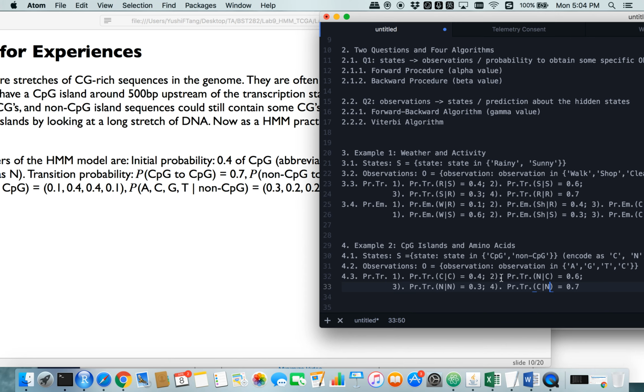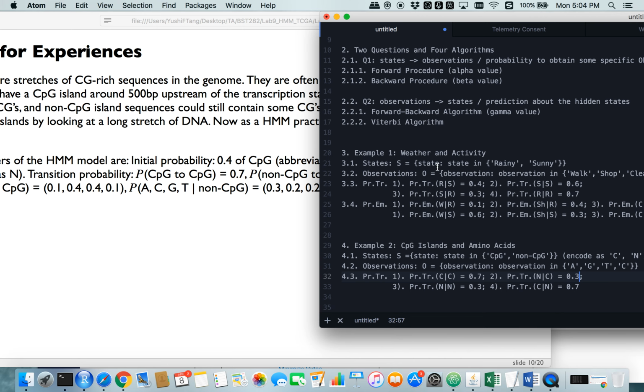Based on this number, we can calculate that given the previous loci is a CPG island, the chance that the second loci is within a non-CPG island is 1 minus 0.7, so it's 0.3.